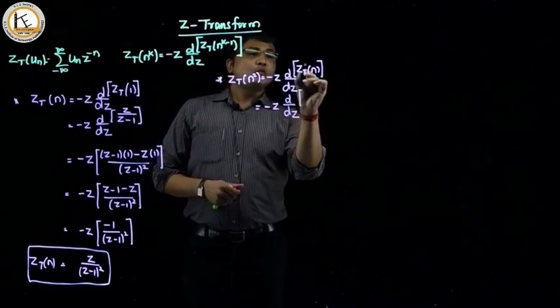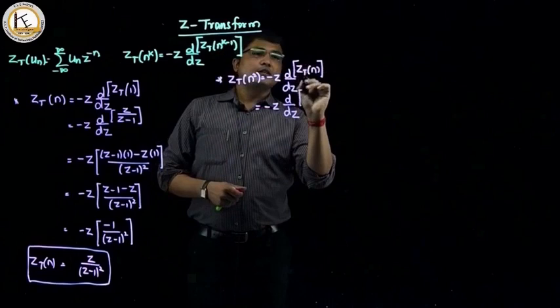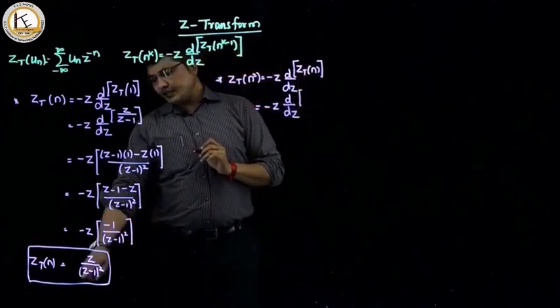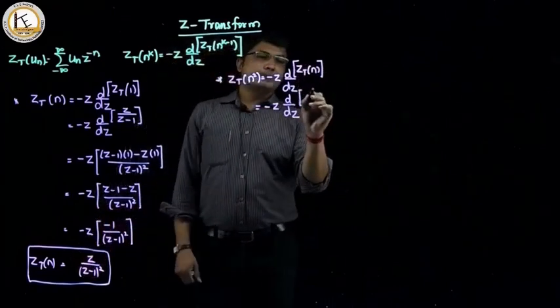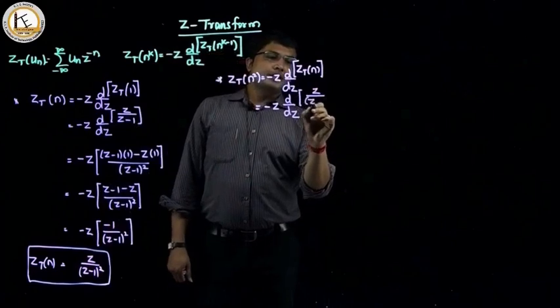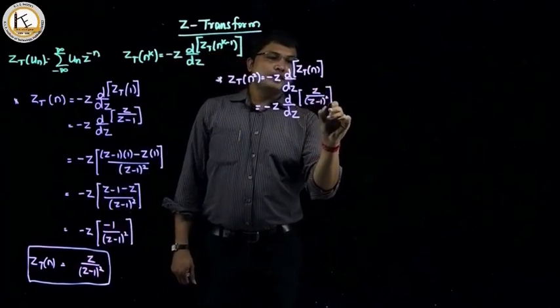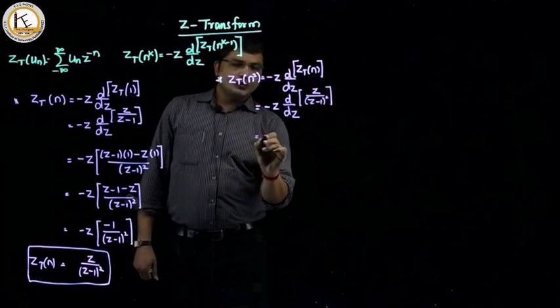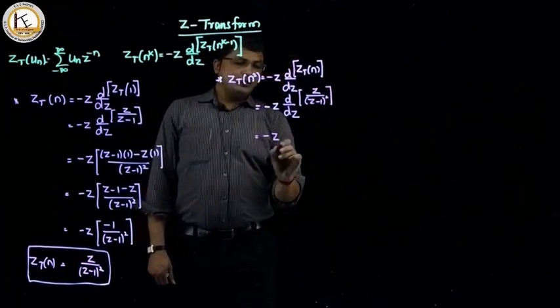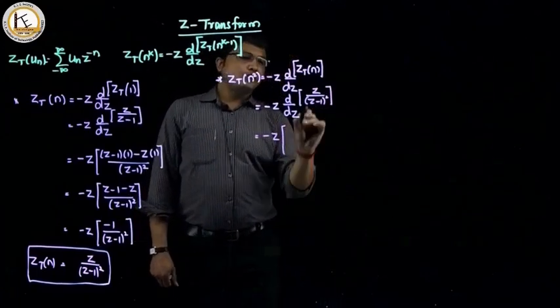So simplifying further, minus Z as it is, d by dz also as it is. Now writing this Z transform of n, we know that Z transform of n just we derived it, it is Z divided by Z minus 1 the whole square.